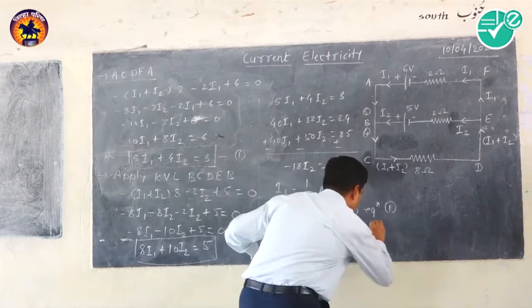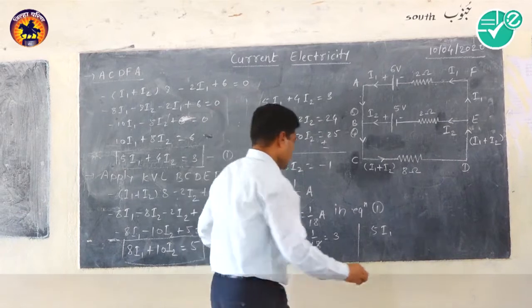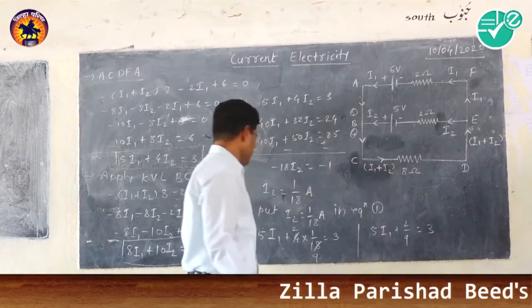So the equation will become 5I1 plus 2 by 9 is equal to 3.